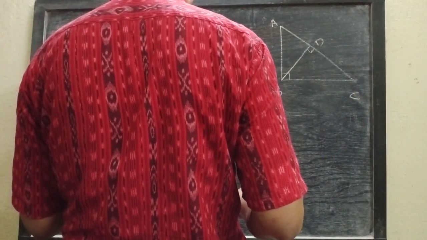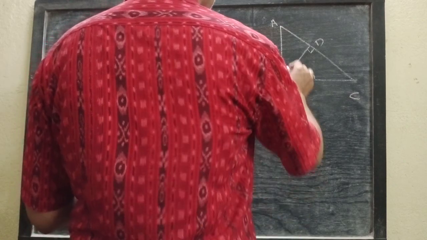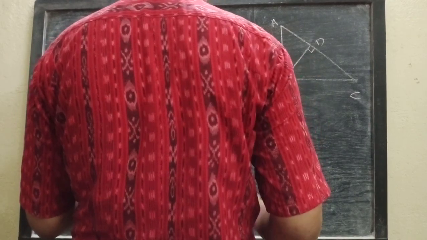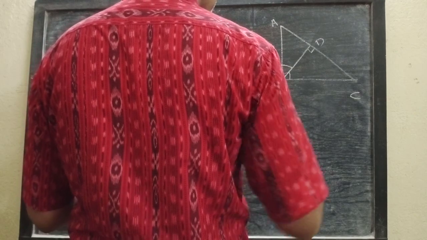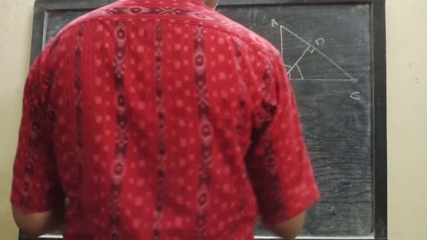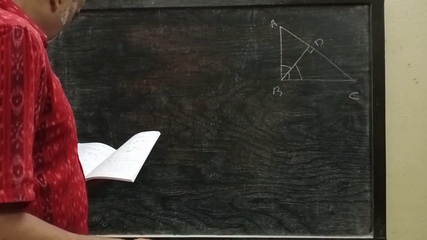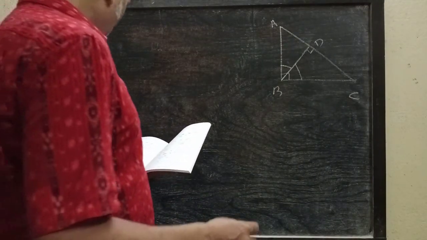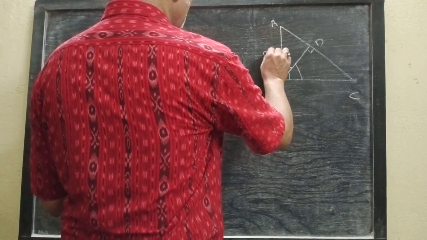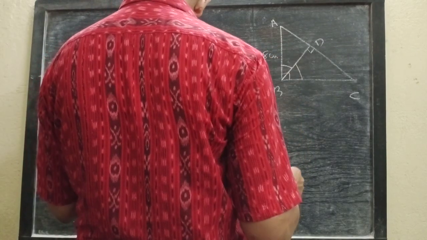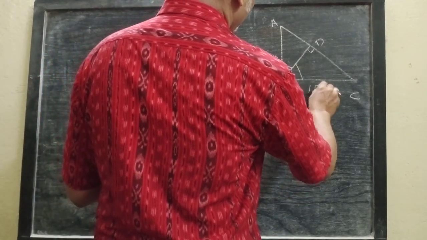Find the trigonometric ratios of angle ABD and angle DBC. You are asked to find ratios of these two angles. You are given that AB is of length 8 cm and BC is of length 15 cm.